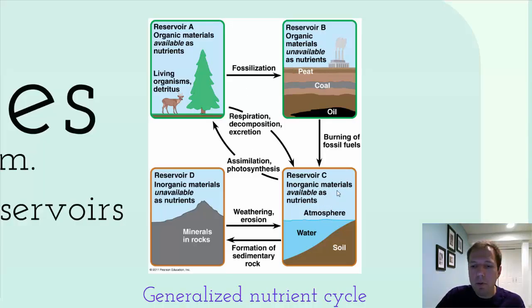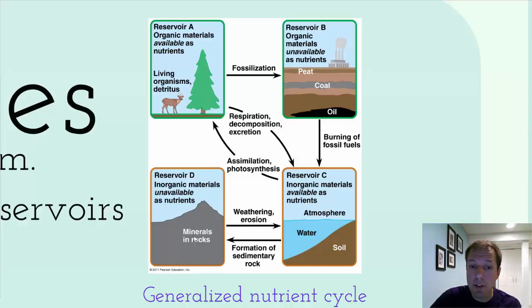You have reservoir C over here, which is inorganic materials that are available as nutrients. So things present in the atmosphere, in the water, or in the soil. In this case, living things growing in the soil might take up, for example, plants taking up phosphorus through their roots. You can have things that are dissolved in the water, so aquatic organisms are able to absorb it from the water, or gases that are present in the atmosphere which can be taken in through biological processes like photosynthesis or respiration.